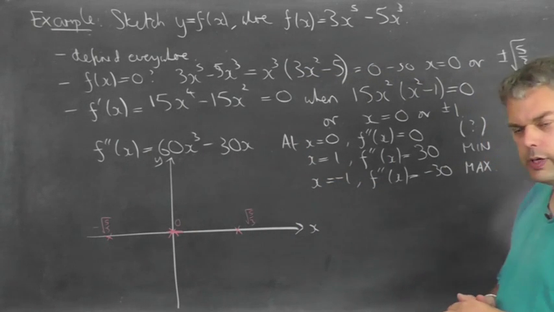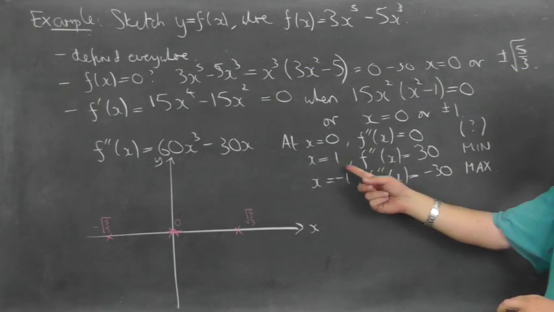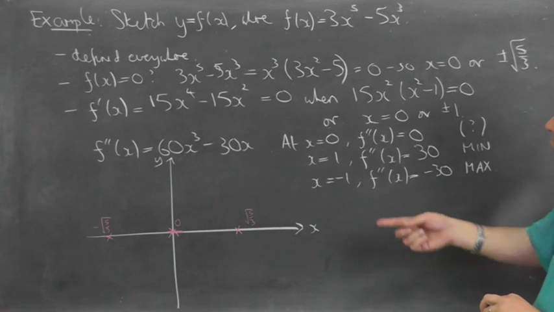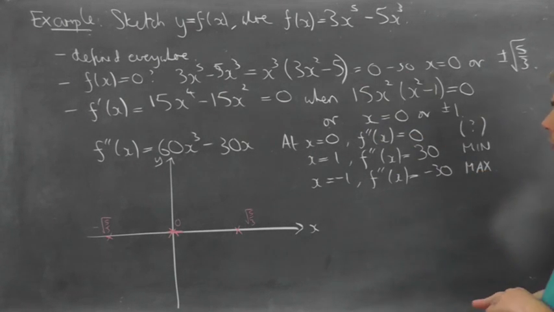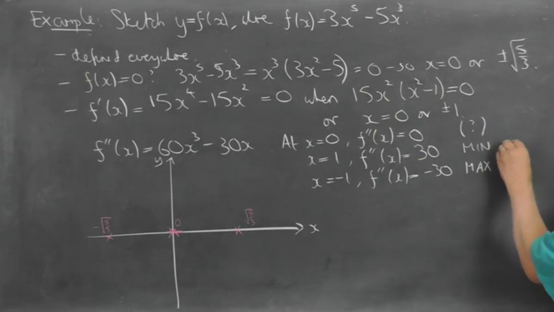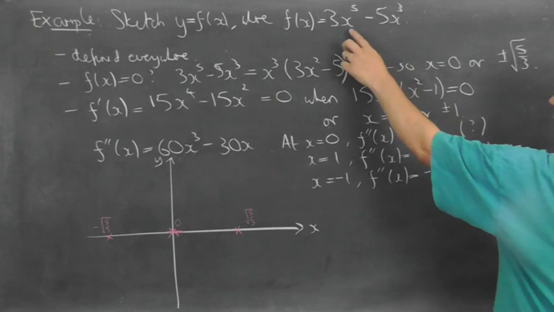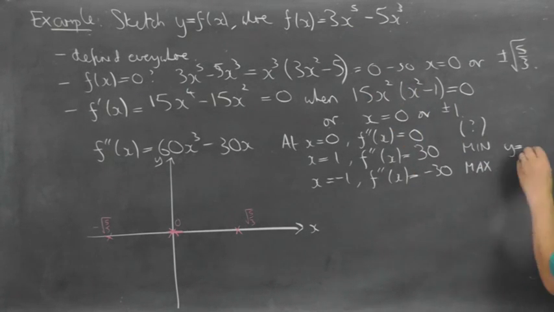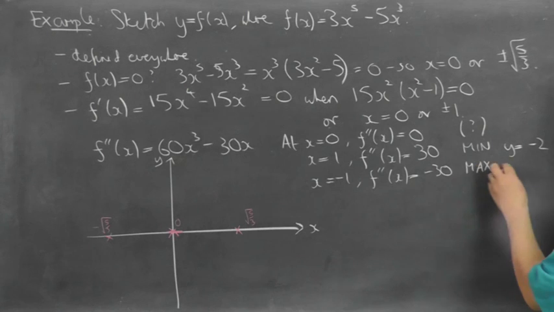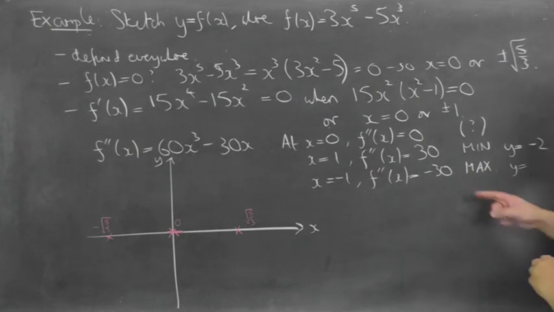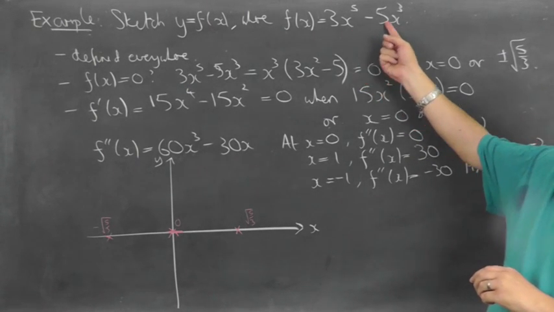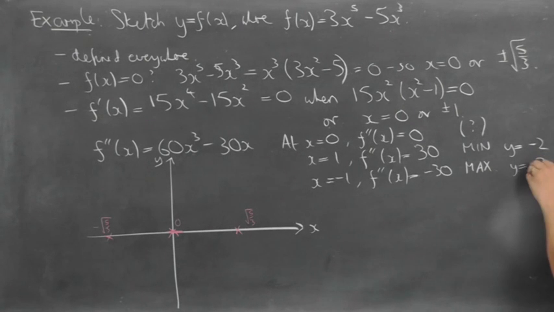That's a stationary point. At x equals 1, so what's the value of the function? Perhaps I should have done this before. So at x equals 1, y is 3 minus 5 or minus 2. And at x equals minus 1, y is minus 3 plus 5 or plus 2.